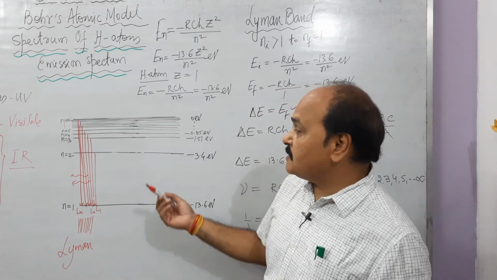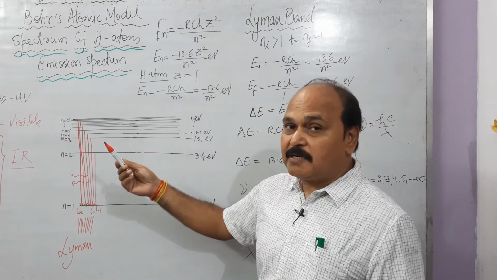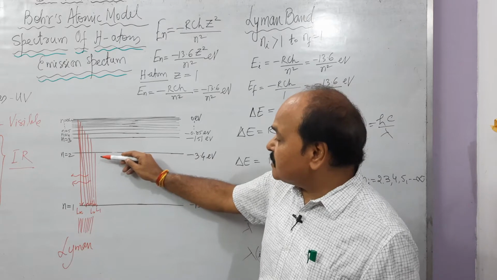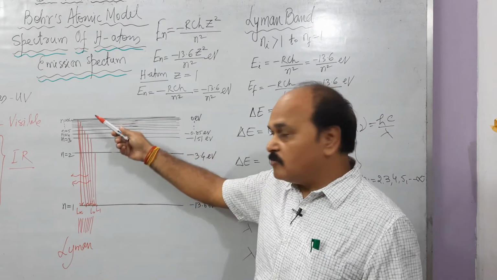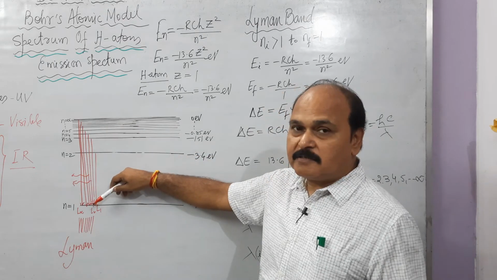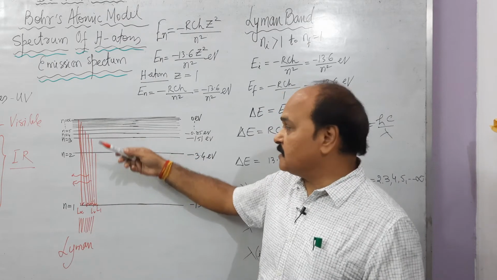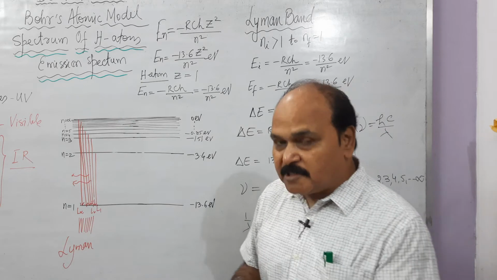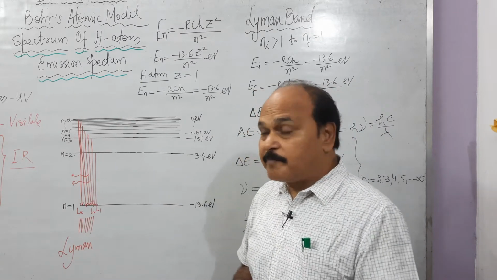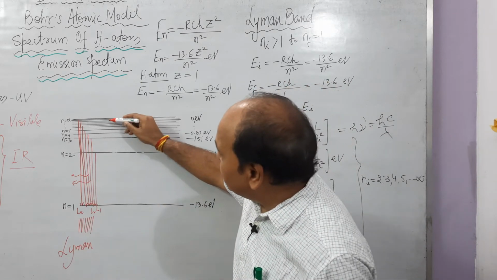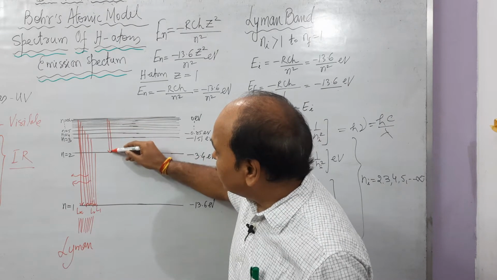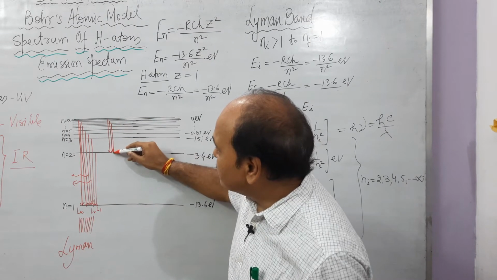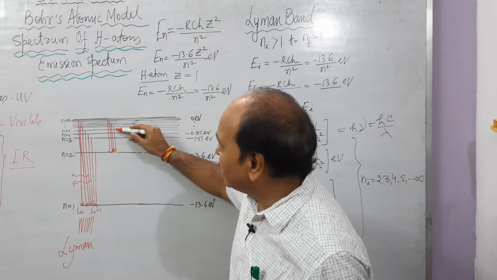So Lyman lines, or lines in the Lyman band, are those lines which are emitted by transition from any excited state to the ground state. Balmer lines in the emission spectrum are produced when transition takes place from any excited state to state number 2, that is the first excited state.